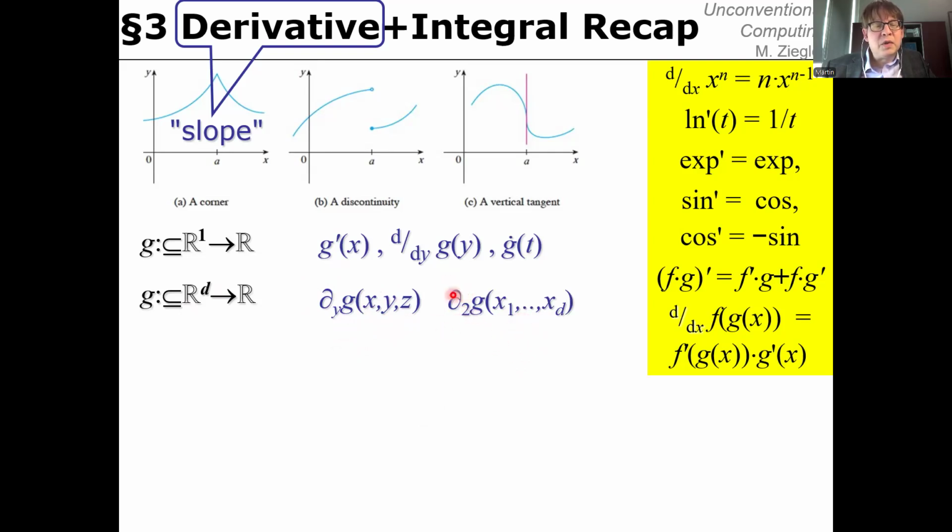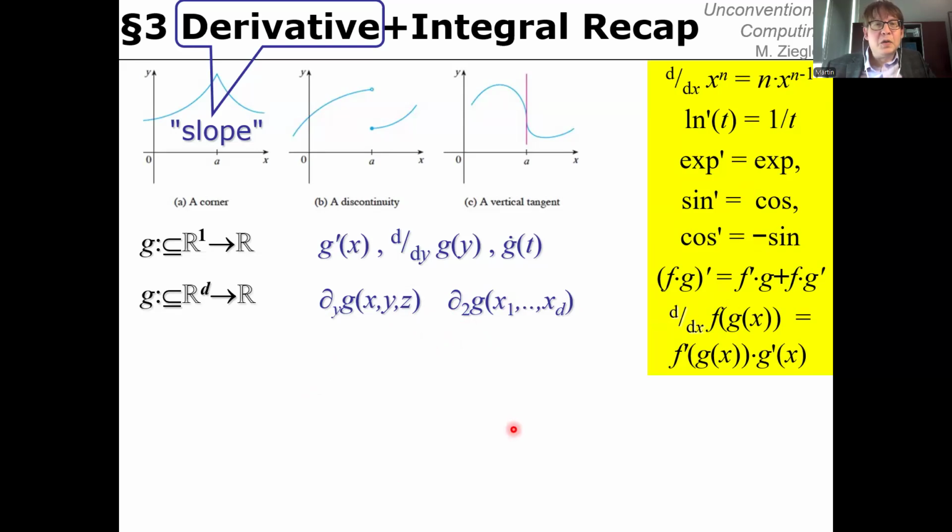That's also common terminology. Again, this is different terminology for the same thing. This means derivative with respect to the second argument, and this also means derivative with respect to the second argument. And the rules are the same.